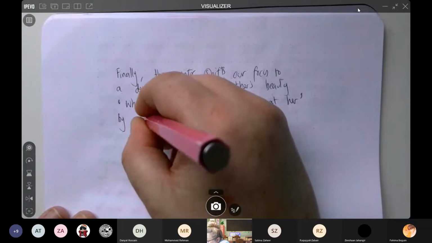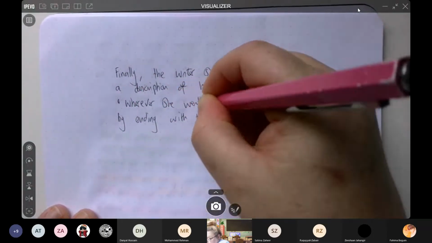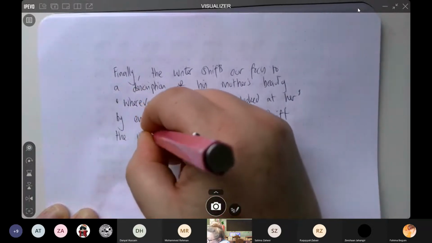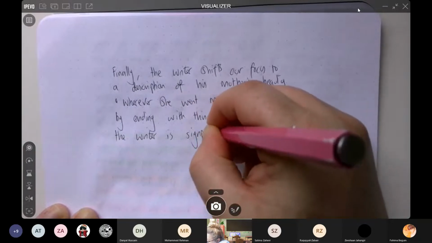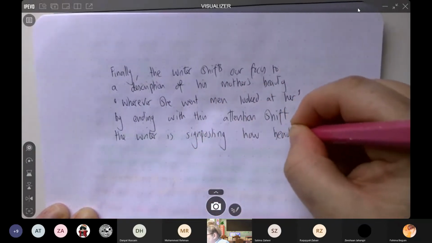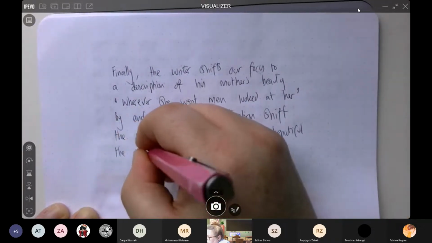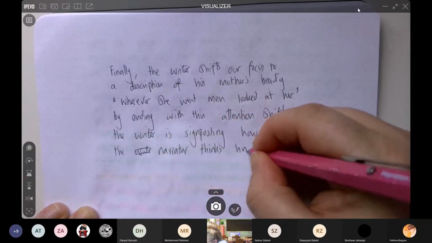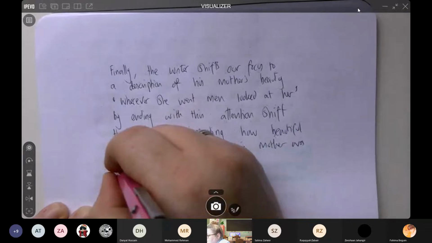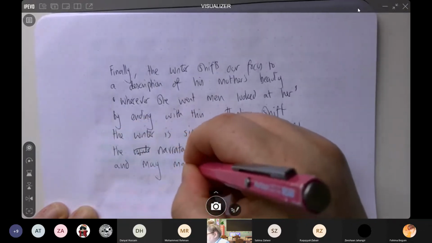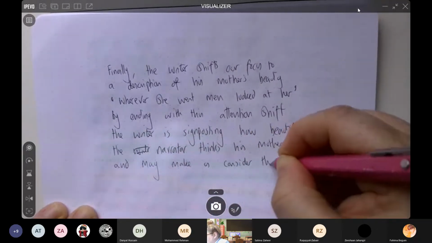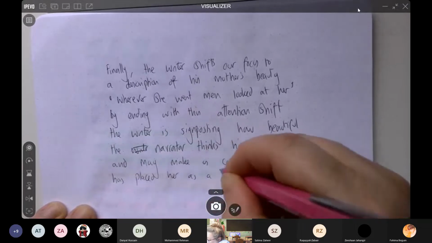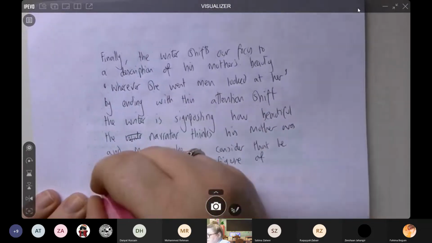By ending with this attention shift, the writer is signposting how beautiful the narrator thinks his mother was, and may make us consider that he has placed her as a figure of great importance.